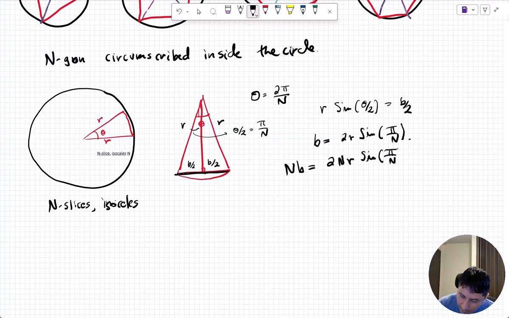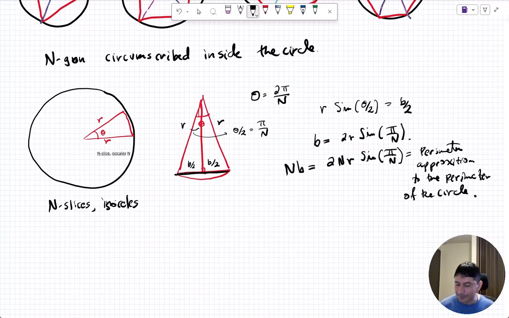Now, this is going to be the perimeter approximation to the perimeter of the circle. So now what is pi? Remember pi, I'm going to define that to be equal to the perimeter of the circle divided by the diameter.